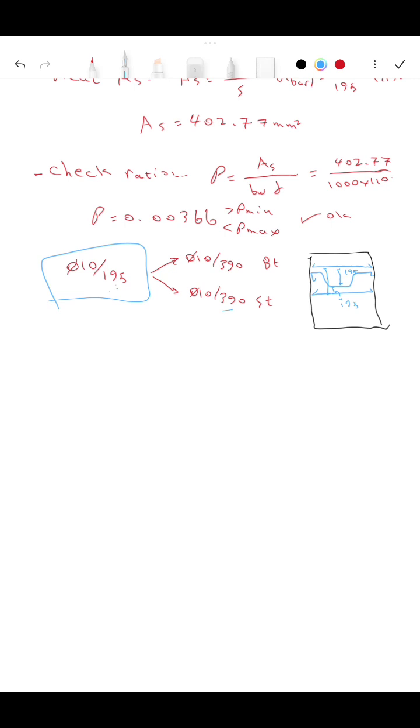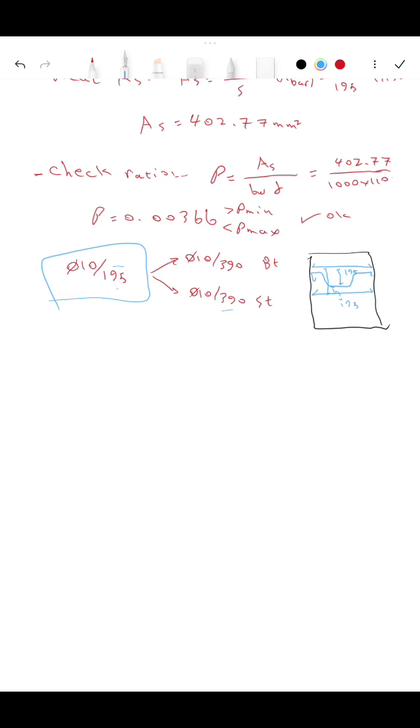This is the meaning of it. And why do we do that? Because the bent up bars help the supports. They help us decrease the number of support steel bars that we will use. So half of these steel bars will be used as span steel bars and support steel bars at the same time.